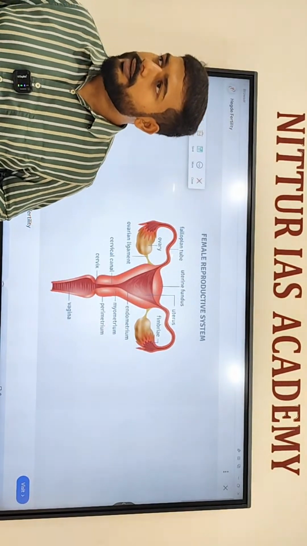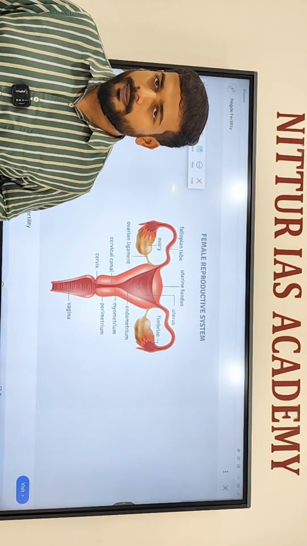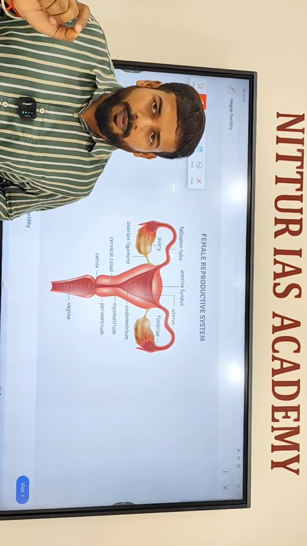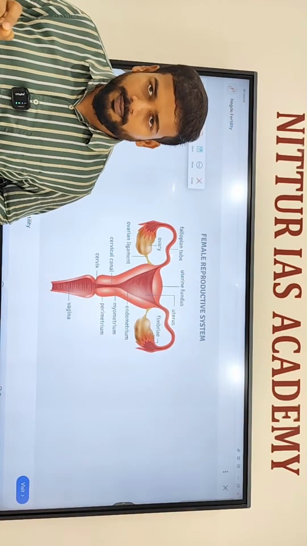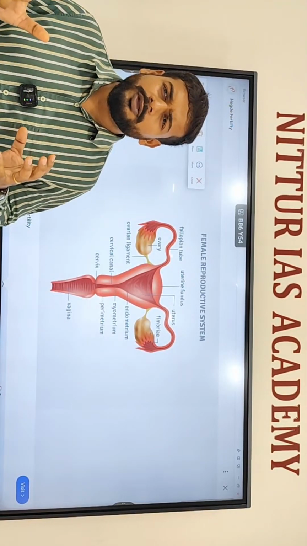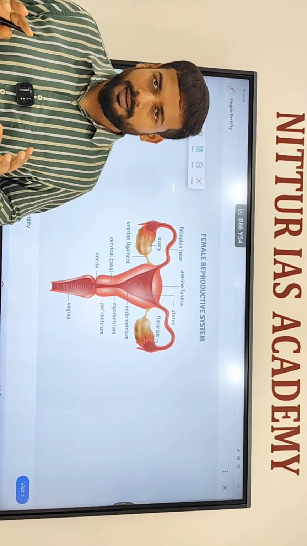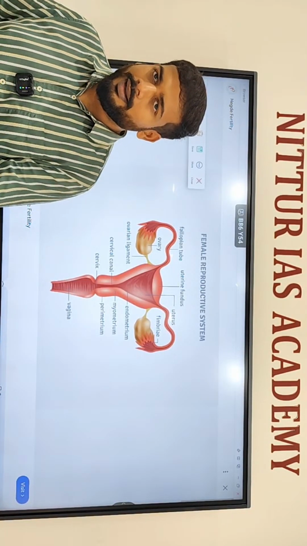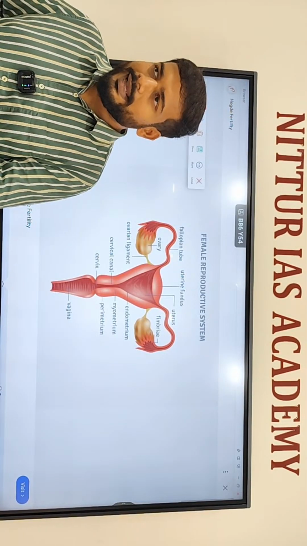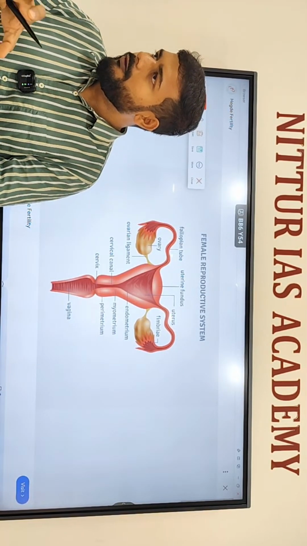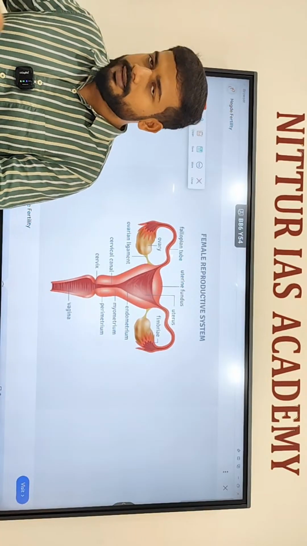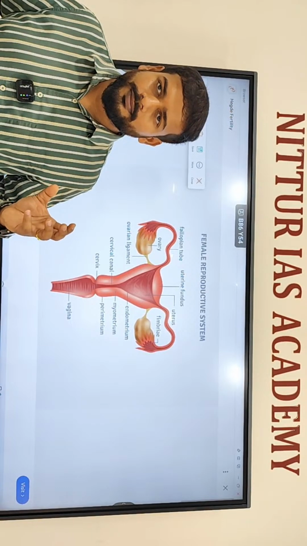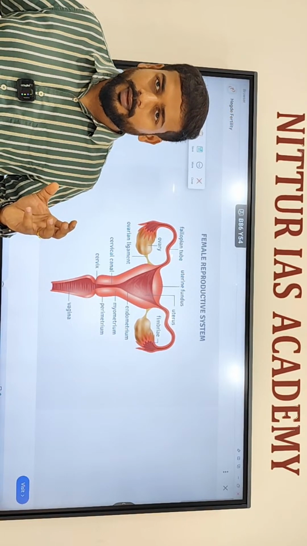But in female, when the female child is born, thousands of immature eggs are already present in both the ovaries. Imagine the ovaries are like a sack consisting of many apples, right? Likewise, each ovary will have hundreds of thousands of eggs.